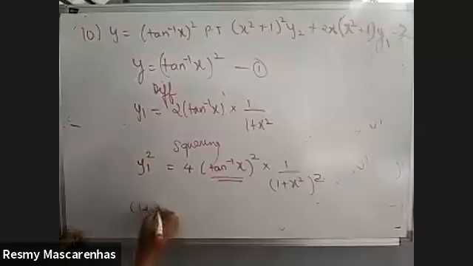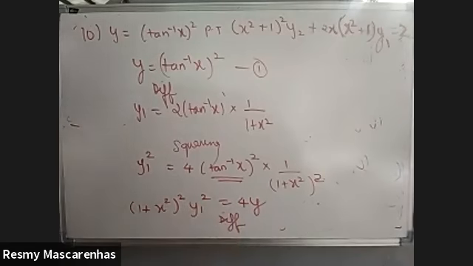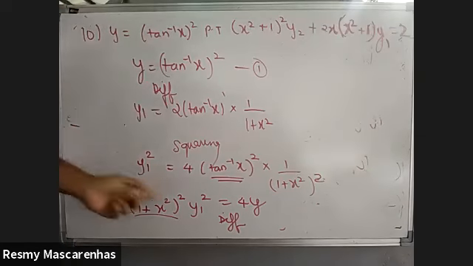This I'm bringing here. And now differentiate. So this will be u, entire thing. The other one will be v. Till here, any doubts, please ask.